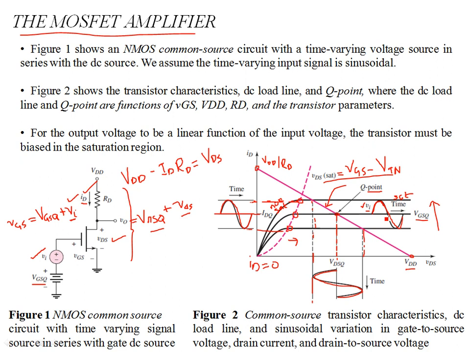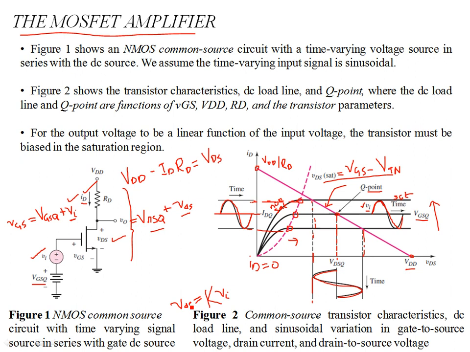In a linear reproduction of the input signal, first of all, this output is just a scaled version of the input. So you might say Vi multiplied by some gain, let's say the gain is a constant K, and this reproduces an AC signal at the output, or call it VDS.